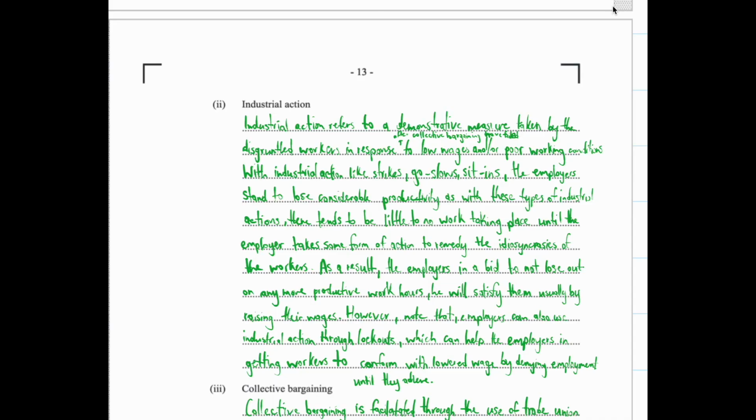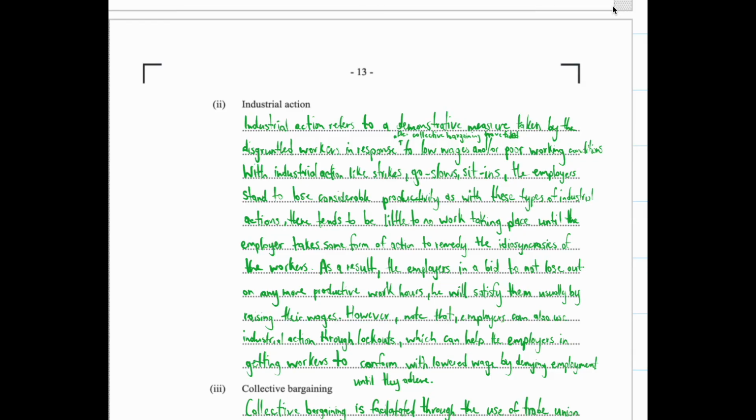The employer would probably start using capital or use different staff altogether to get his production done, locking out those workers who are disgruntled with the lowered wage rates. So lockouts can help employers get workers to conform with lowered wages by denying them employment until they adhere to the decreased wage rate.